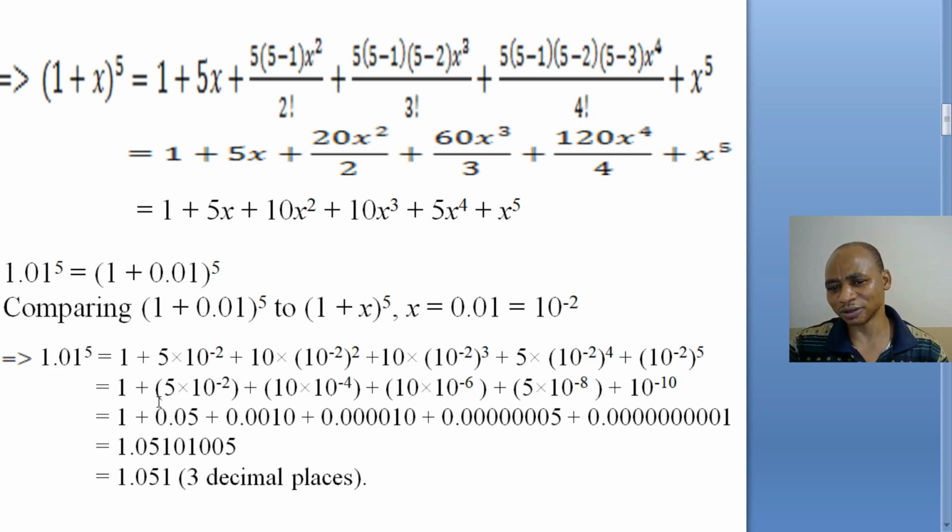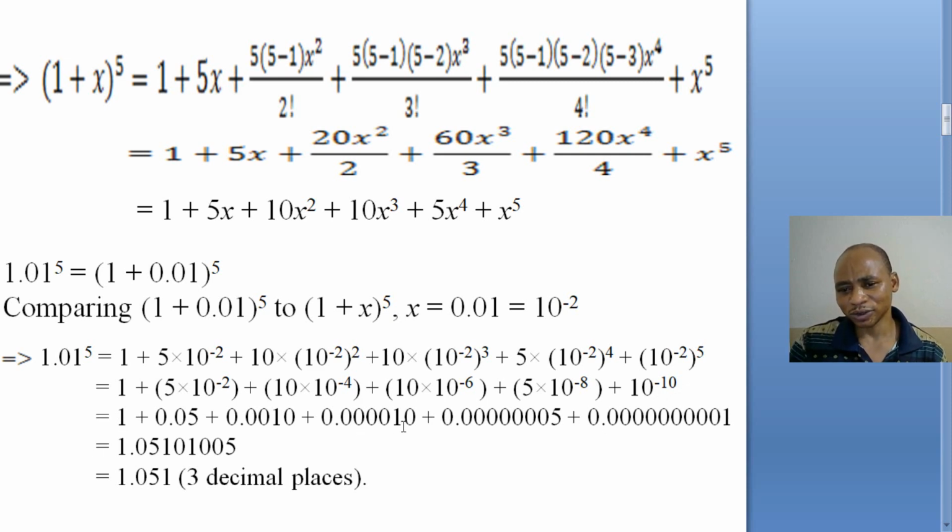So with this, we ended up getting 1 plus 5 times 10 to the power -2 plus 10 times 10 to the power -4 plus 10 times 10 to the power -6 plus 5 times 10 to the power -8 plus 10 to the power -10.